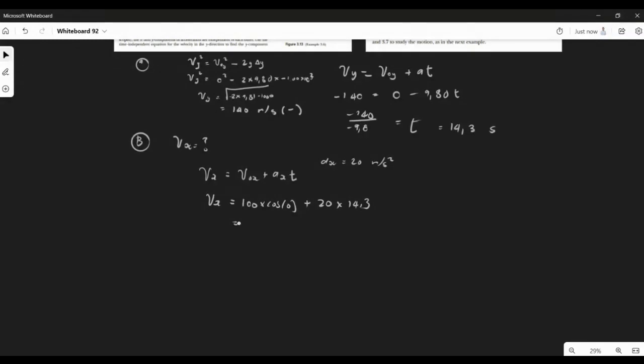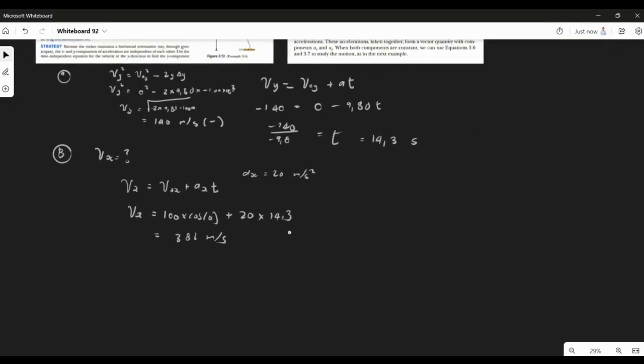Okay, so we can get that. We should get 386 meters per second. And if you think about it, it travels faster than the speed of sound, which is around 300 odd meters per second. Not sure if you're familiar with that.